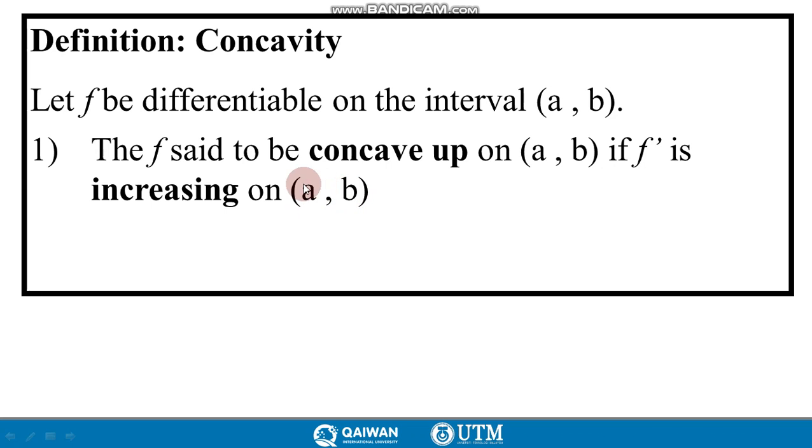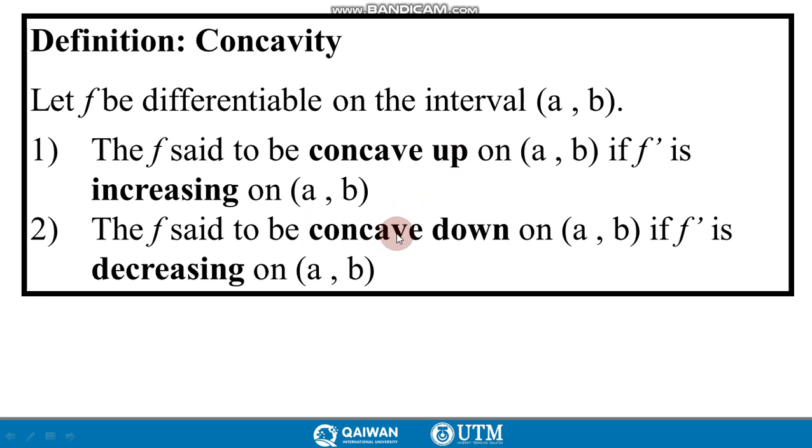Here, look, in the previous slide, when we talked about increasing and decreasing, we said f is increasing or decreasing. But here for concave up and concave down, for concave up, we talk about f prime. If the function f prime is increasing on this interval, we say the function f is concave up.